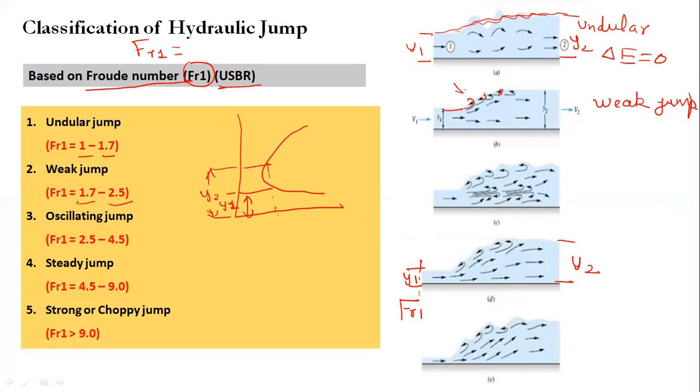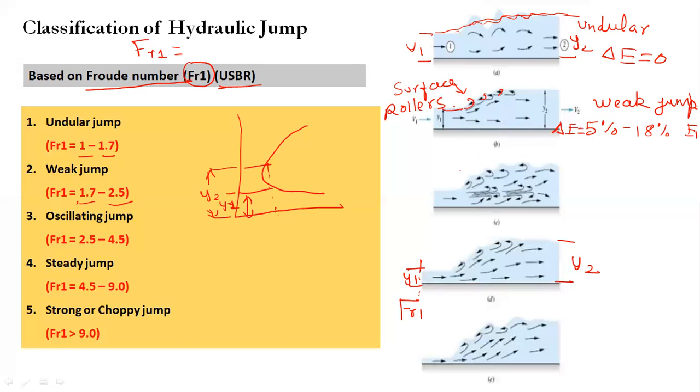So surface rollers start becoming visible for a weak jump, and you will also get a little amount of energy dissipation. You can get energy dissipation up to 5% to 18% of the initial energy head.